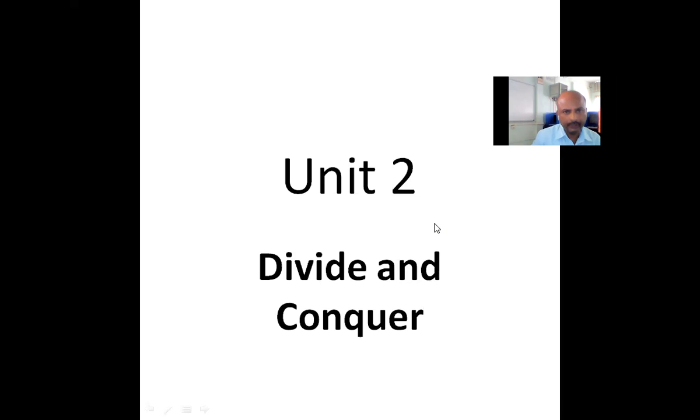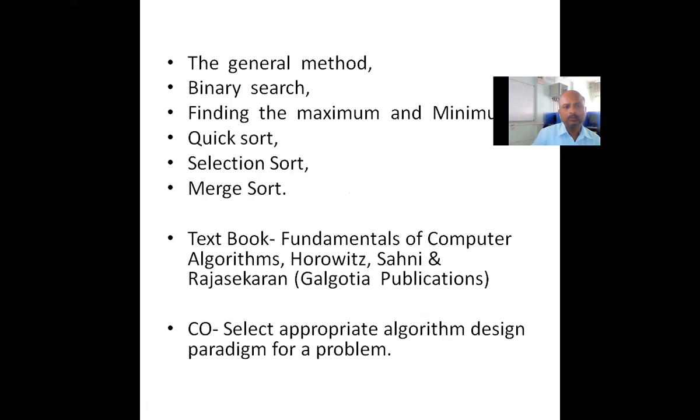So today we are going to see the next unit, divide and conquer. In this chapter, we'll see the general method. These are the contents of this chapter: general method, binary search, finding maximum and minimum, then quick sort, selection sort, and merge sort.